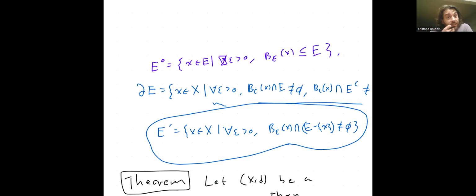But we're contradicting this, right? So what I want to do is convince you that this element is not in the interior. Well, basically I need to show you that for all epsilon greater than 0, this does not happen, right?